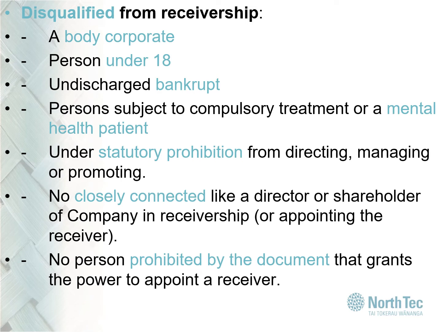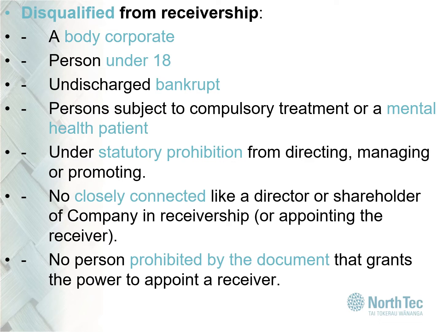Certain people are disqualified from being receivers, and here we have to think about a body corporate. A body corporate can't be a receiver. Neither can a person under 18 years old, an undischarged bankrupt, a person subject to compulsory treatment, or a mental health patient.